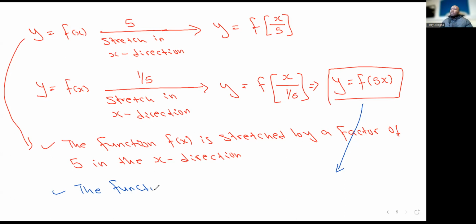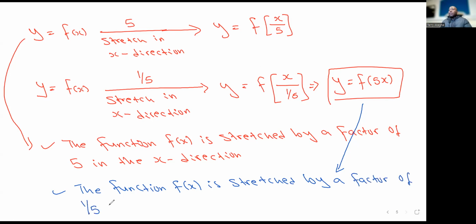So the function f of x is stretched by a factor of 1/5 in the x direction. It's stretched by a factor of 1/5, not a factor of 5. Although you have 5 here, the 5 comes from this point because you simplified. So it's stretched by a factor of 1/5 in the x direction.